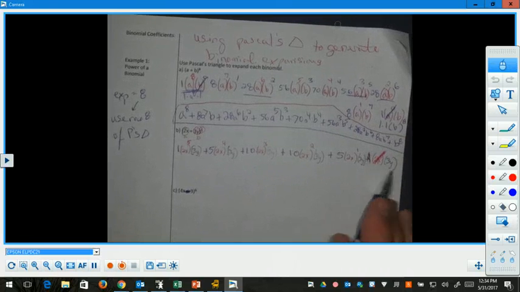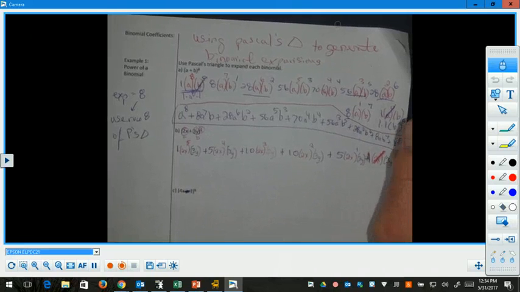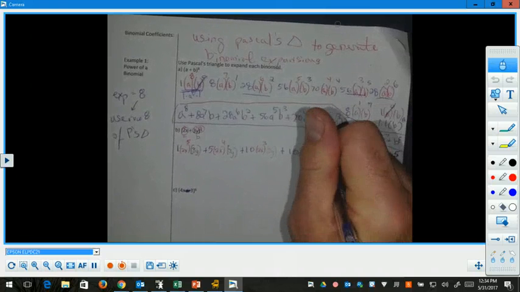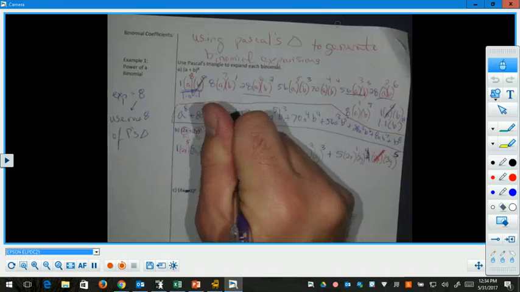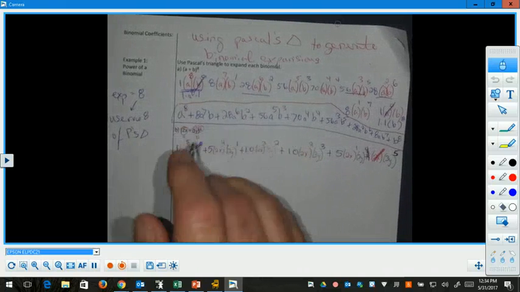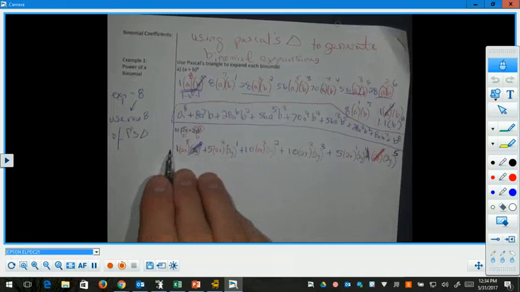And then from right to left, this will count down. This will be the highest degree on the term that was b, in this case 3y. So 5, 4, 3, 2, 1, 0. Anything to the 0 power is 1, but 1 times 1 is still 1, so I'm just going to leave it like that.